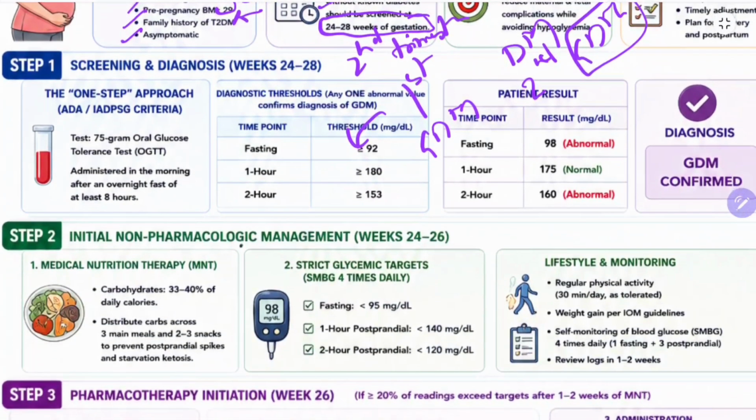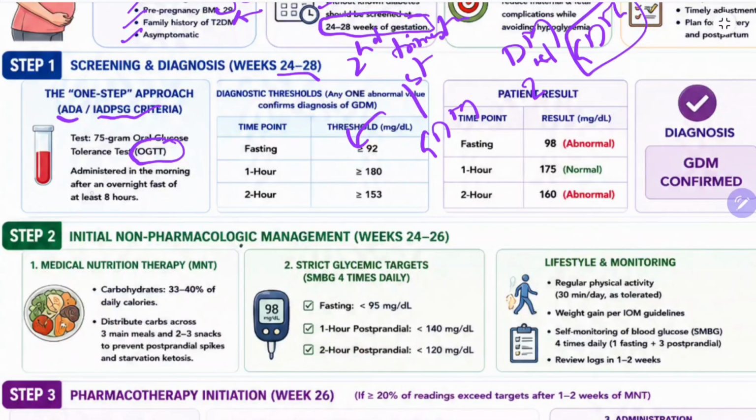So let's discuss this case. This lady was screened at 24 to 28 weeks, and she was diagnosed with gestational diabetes mellitus. Remember, ADA and IADPSG criteria for diabetes mellitus in pregnancy: the gold standard is the oral glucose tolerance test.